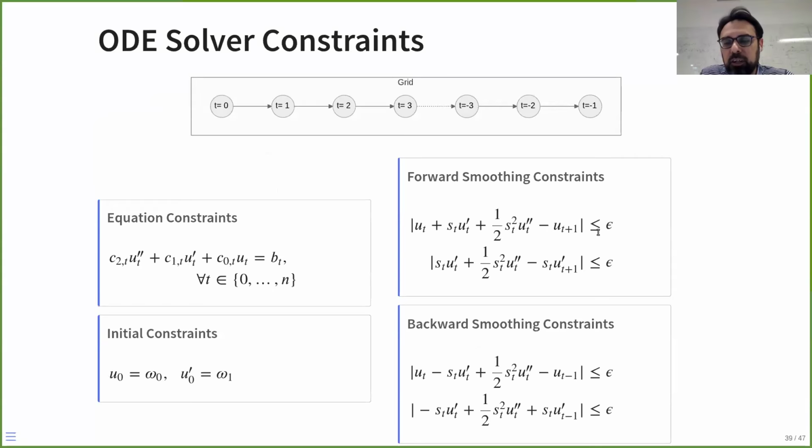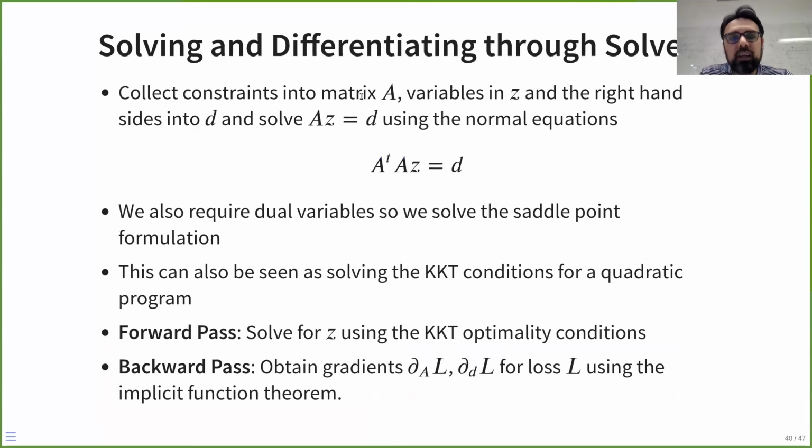So we use Taylor expansions to impose that the solution that we get is going to be smooth. I won't go into the detail of this. I can answer later if there are any questions. But these are all the constraints. You can also add some extra central difference constraints, but that's the general approach.